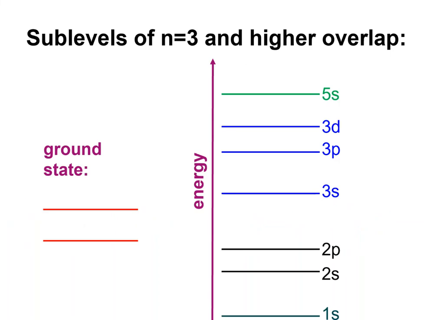Okay, so we've got a pattern going, but it gets more complicated once you get up into the third energy level. Since it's ground state, we do start at the bottom and we fill up orbitals that have the lowest energy. And the problem is that once you get to the third energy level, the pattern isn't as simple as you would expect.